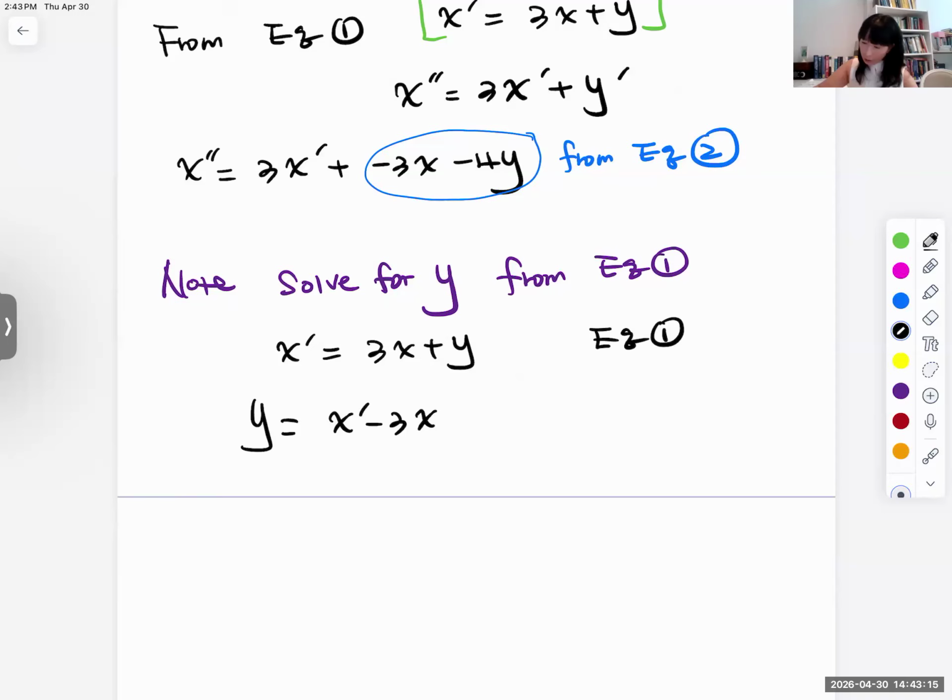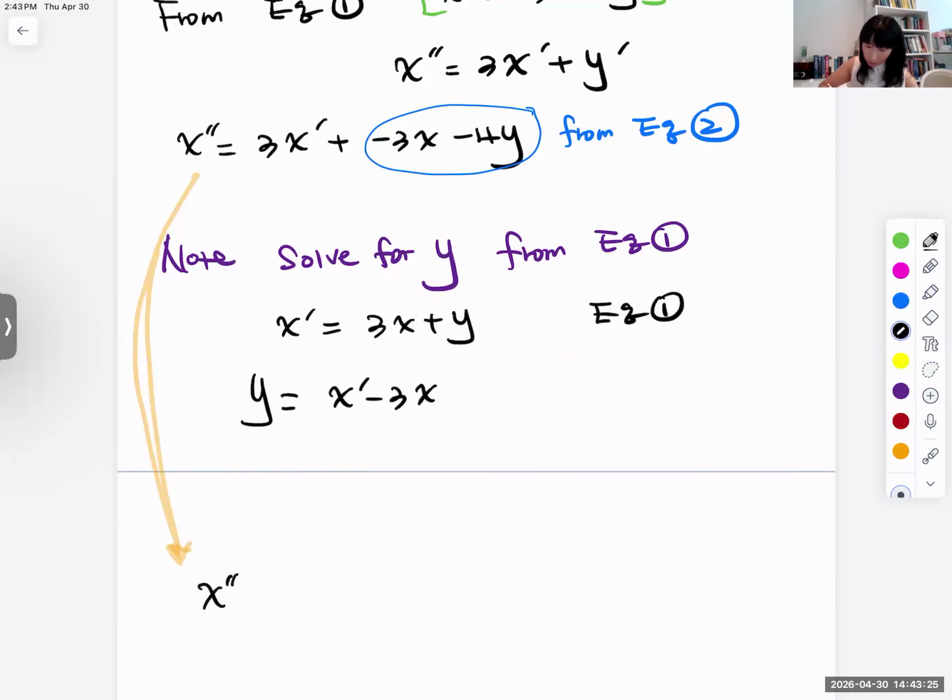Yeah. Okay, let's do that. So we have from here, so x second prime equal to 3x prime plus a negative 3x minus 4 and y, x prime negative 3x.